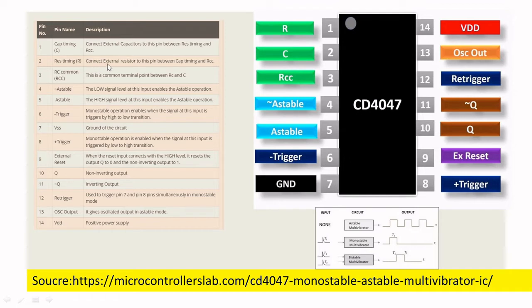R is an external resistor connected between the capacitor timing pin and RCC. Similarly, C is an external capacitor connected between R and RCC, and the combination of RC is connected with the RCC point. This is the thing you want to understand: by changing these values only, the frequency will be determined.